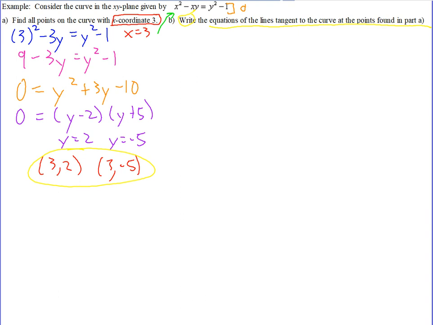So we're taking the derivative of this whole equation here. The derivative of x squared gives you 2x. And then for negative x times y, use the product rule.